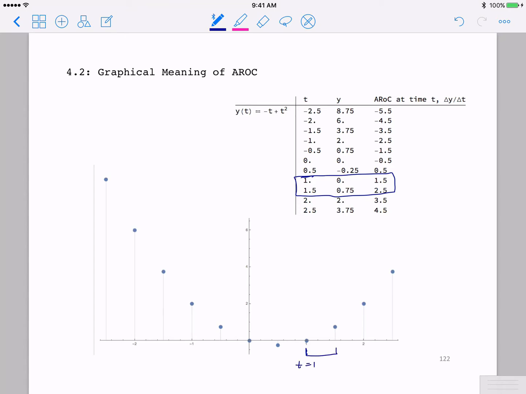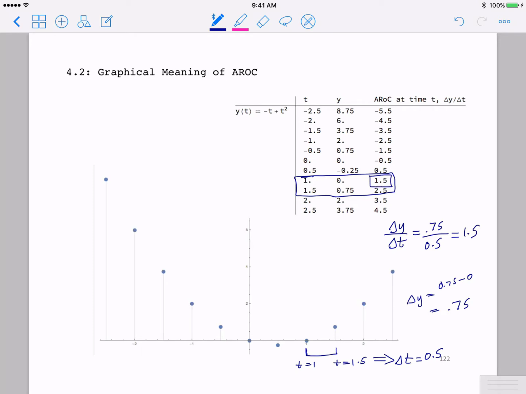Here's t equal to 1, here's t equal to 1.5, which implies that our delta t is equal to 0.5. What we need to compute now is delta y. Delta y is the change in these y values, so that'd be 0.75 minus 0, which is 0.75. Delta y over delta t is 0.75 divided by 0.5, and you will get 1.5.